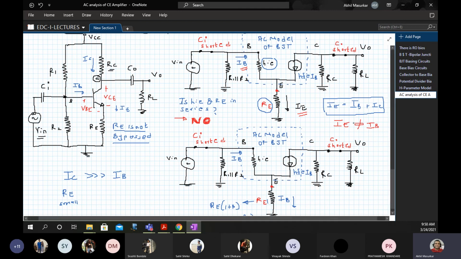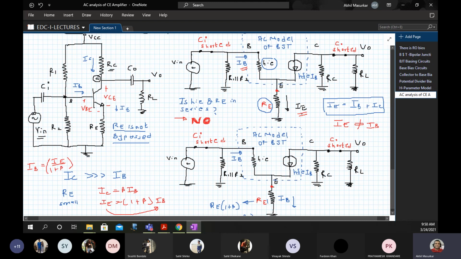For that we know that IC is beta times IB and IE is 1 plus beta times IB. So now I want to change IE to IB. So IB should be IE upon 1 plus beta.